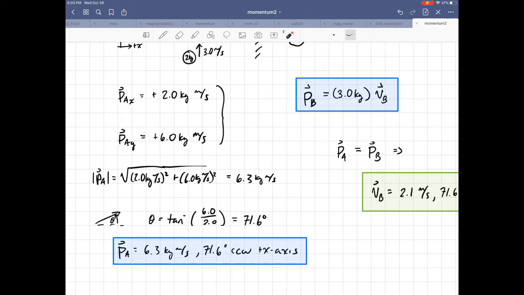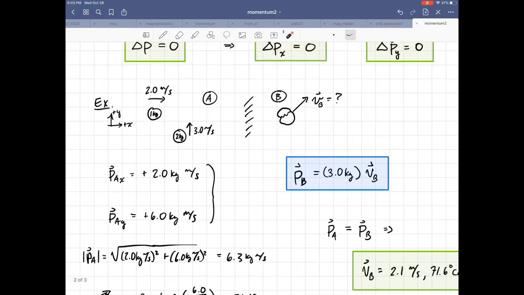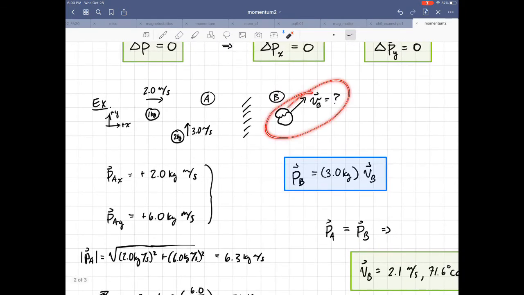Now, since my system is isolated, after the collision the total momentum actually has to equal this, right? So this is actually going to allow me to solve this problem really quickly, because after the collision, I know my two objects are stuck together, so that's a total mass of 3 kilograms, and the velocity, that's what I'm looking for. So if I multiply these two together, that's the total momentum after the collision.